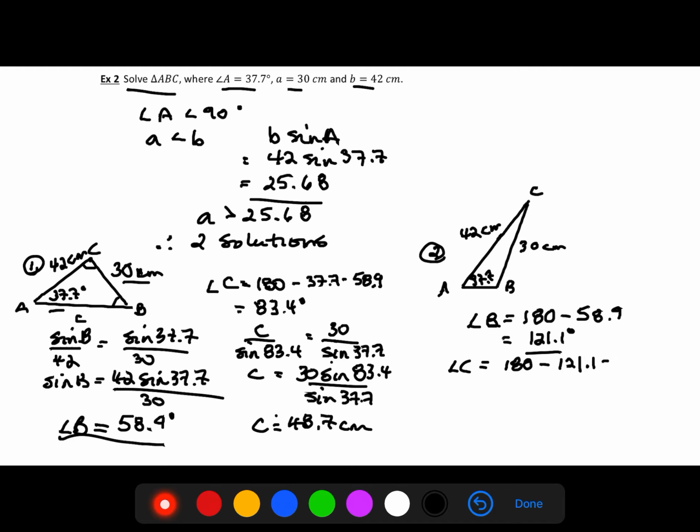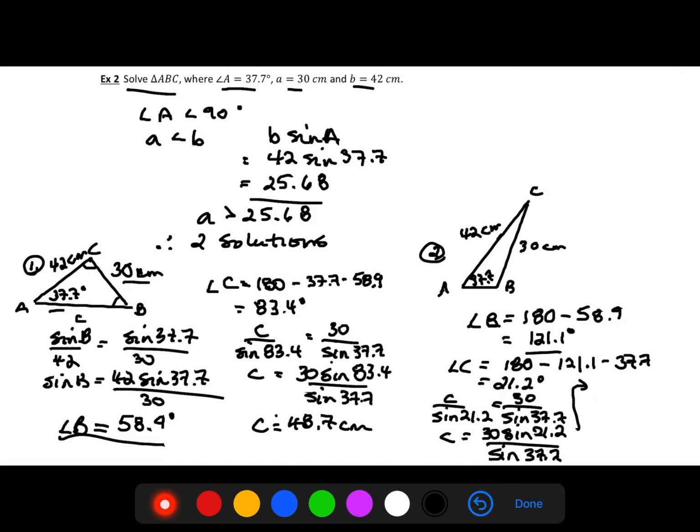Now again, we can calculate C. Angle C is going to be different from the first one, obviously, because we have a different angle B. So 180 minus 121.1 minus 37.7 means angle C is going to be 21.2 degrees. Again, we still have to calculate side c. So c over sine 21.2 equals 30 over sine 37.7.